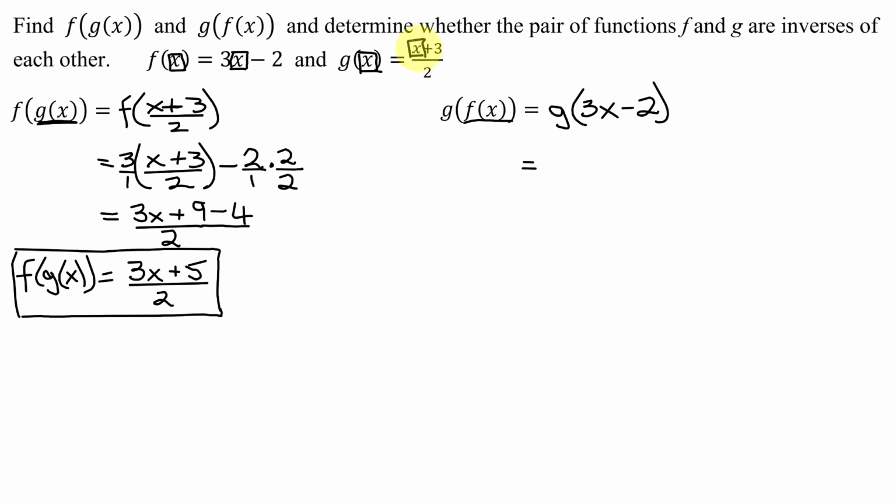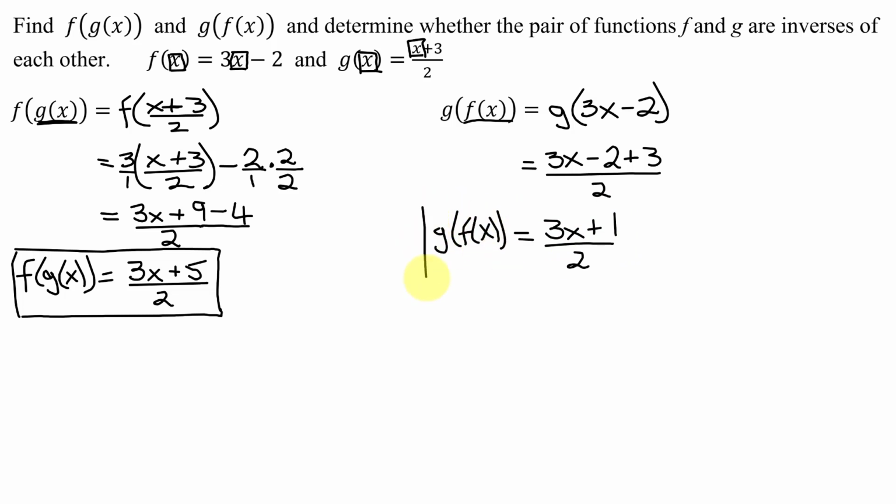So instead of this x, I'm going to get (3x minus 2 plus 3), all divided by 2. And this simplifies to 3x, negative 2 plus 3 is positive 1, all divided by 2. So g at f of x is equal to (3x plus 1) all divided by 2.